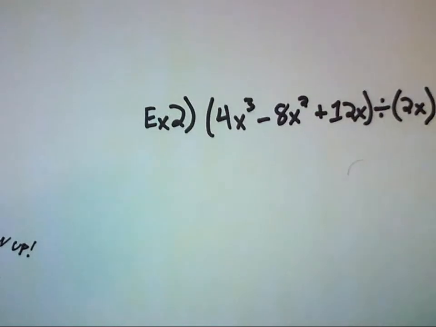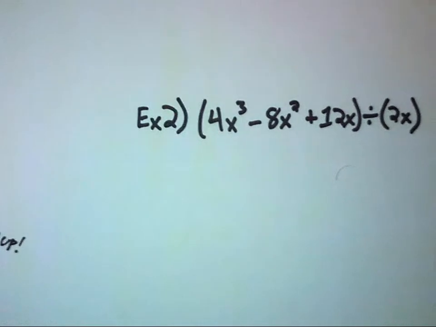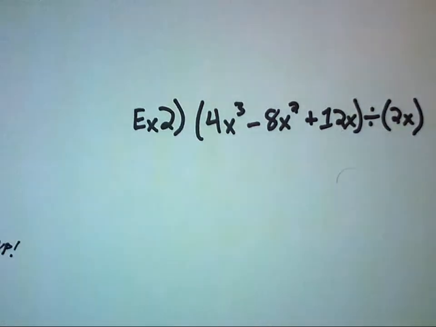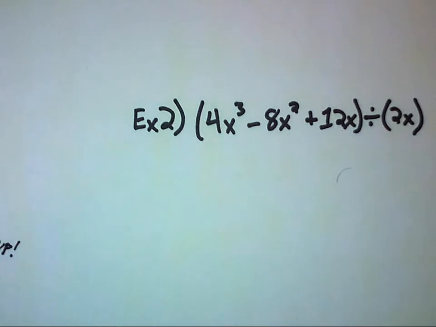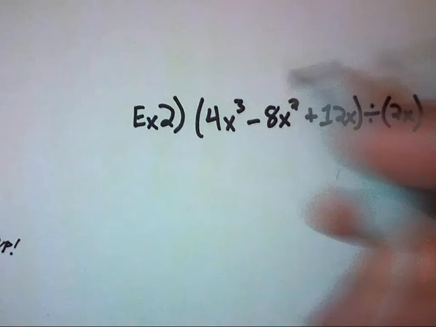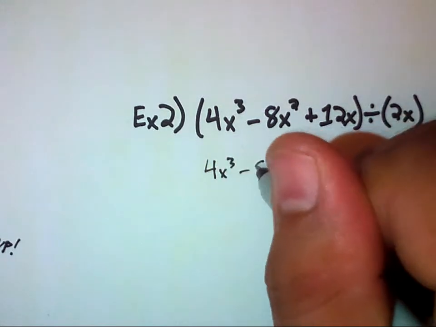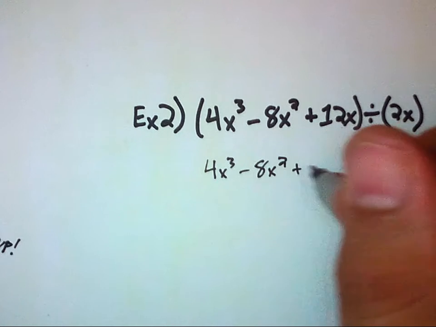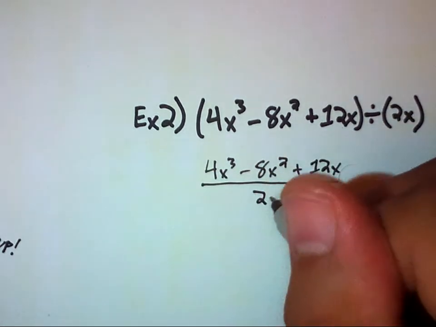So here we have 4x cubed, sorry, it's been a long day. 4x cubed minus 8x squared plus 12x divided by 2x. Okay. Looks different, but in reality, we can still write this the same way as before. We can do 4x cubed minus 8x squared plus 12x, and we can just turn it into a big fraction.